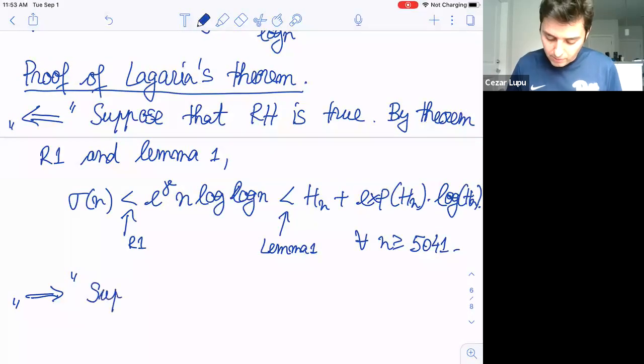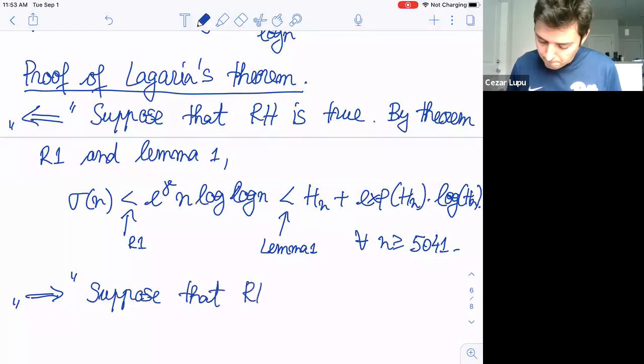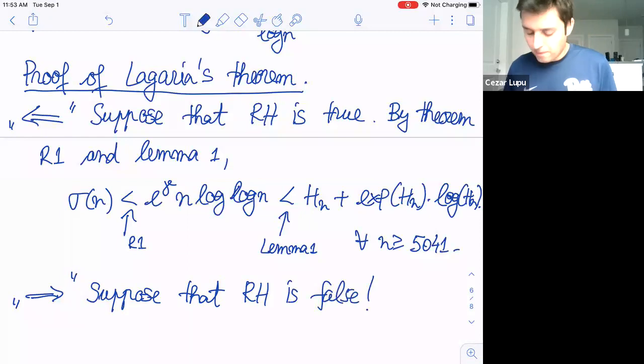So suppose by contradiction that it is false. We keep in mind that we have theorem R2.